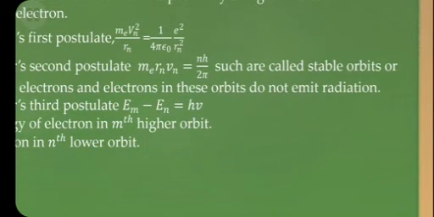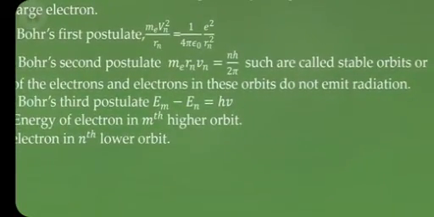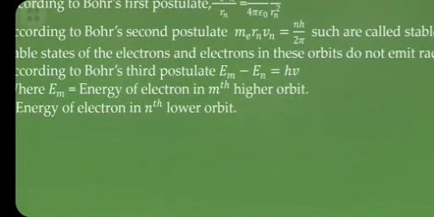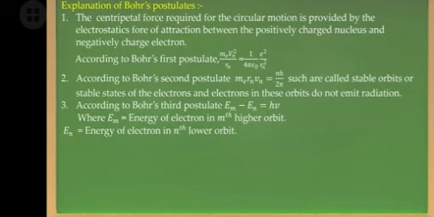And this is the stable orbit. When electrons are revolving in such a stable orbit, they do not emit any radiation. Then according to Bohr's third postulate, electrons emit energy only when they jump from a higher energy level to a lower energy level.